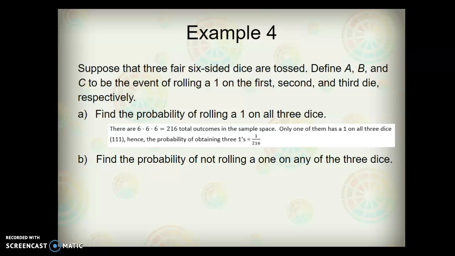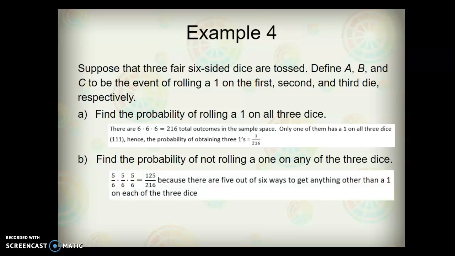So the probability of not getting a 1 on any of those dice would be 5/6 times 5/6 times 5/6. Again, we can multiply those probabilities because the outcomes of the roll of a die are independent of one another. And so we get a probability of 5 times 5 times 5 over 6 times 6 times 6, which is 125 out of 216.